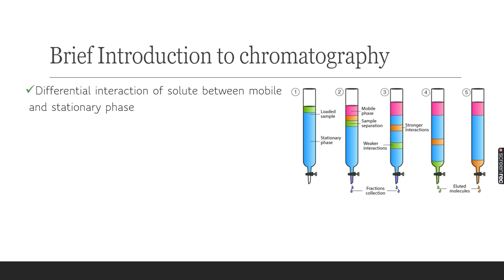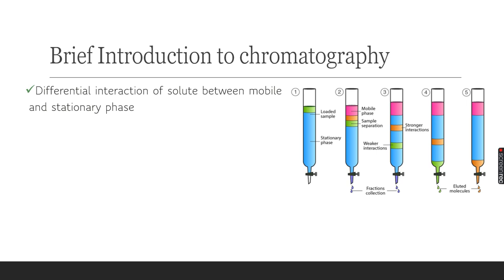At any time there are three components in the system we need to care about. One is the stationary phase, which is going to bind your target analyte and also the non-desirable analytes. When we pass the mobile phase, an analyte which has already interacted with the stationary phase will now partition into the mobile phase.